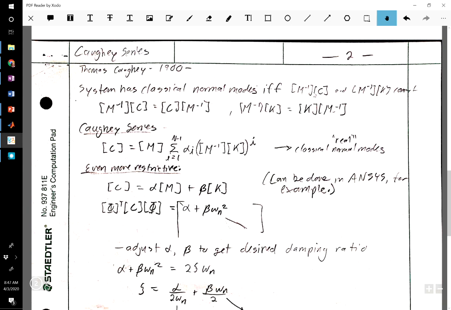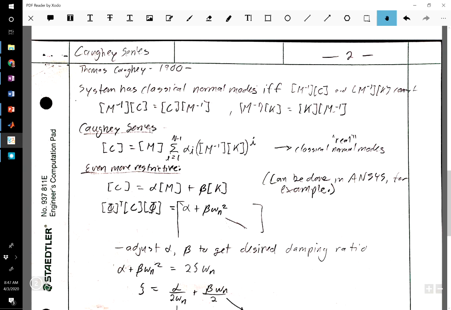He was able to prove that if M inverse C and C M inverse, if those two were equal, and the same for the stiffness matrix, that the system has classical real modes, or that the damping matrix will be diagonalized.